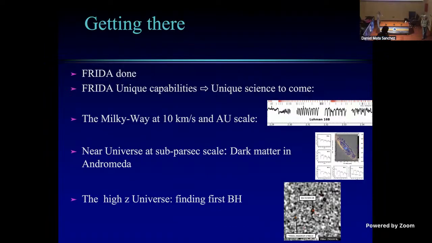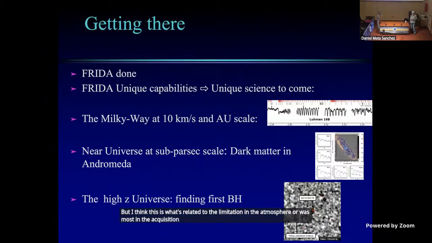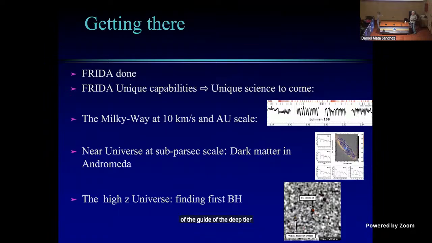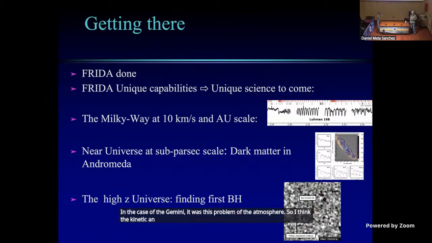Great. But I think this was related to the limitation in the atmosphere, or was it mostly in the acquisition of the tip-tilt guide star? In the case of Gemini, it was this problem of the atmosphere. So I think the isokinetic angle was relatively small, or it was a problem for the acquisition.